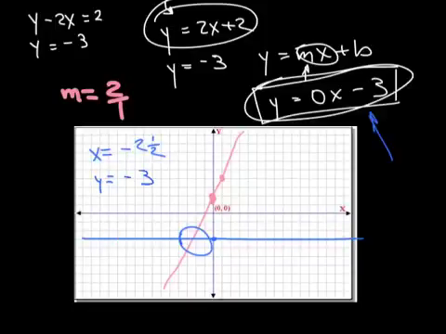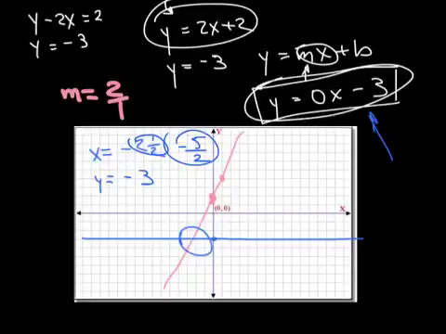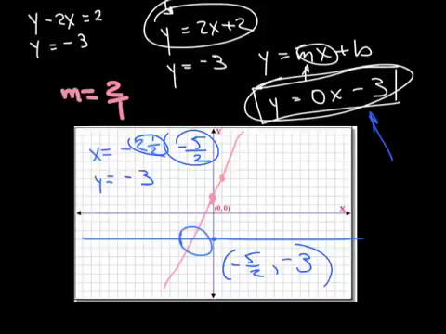So my x is around -2.5, and my y is for sure -3. If I were to change that to an improper fraction, it'd actually be -5/2, which I prefer. So my point where they intersect is going to be (-5/2, -3). And if you did the system of equations, fortunately for this one my graph is a little better. It's exactly what the answer is. So I'm good to go there.